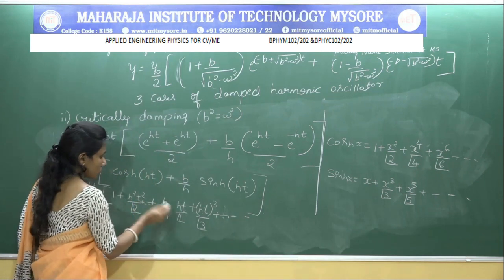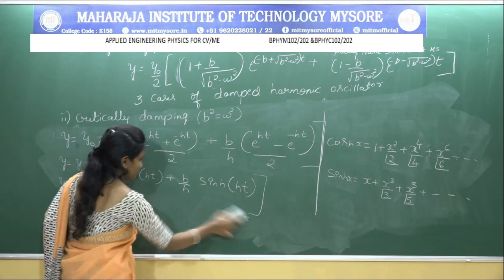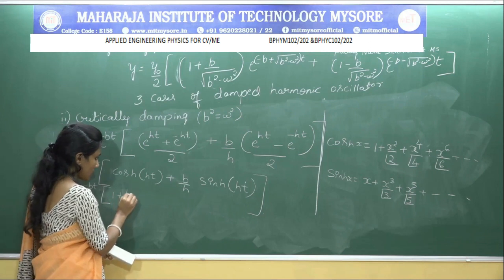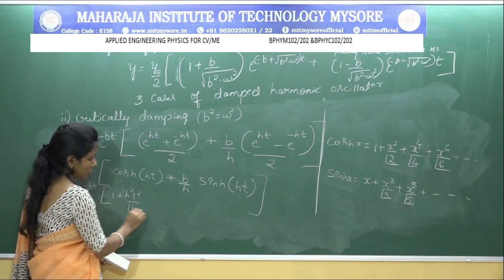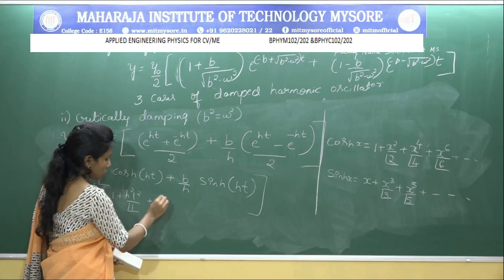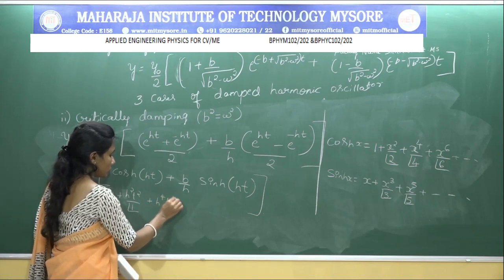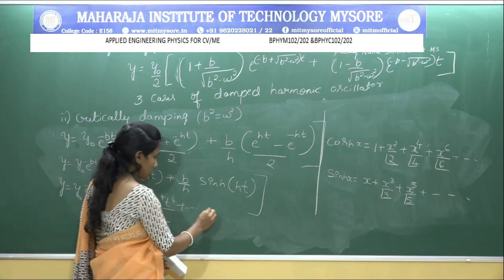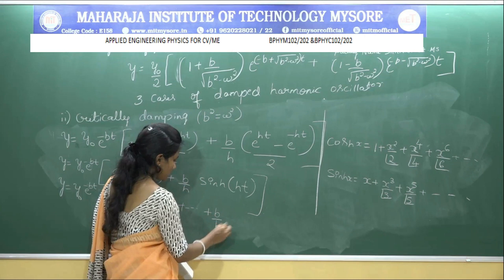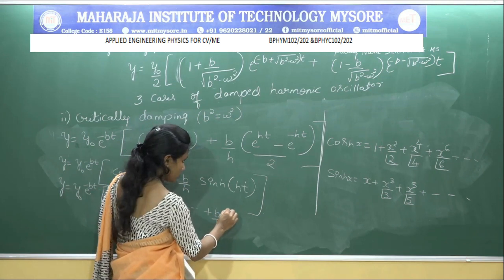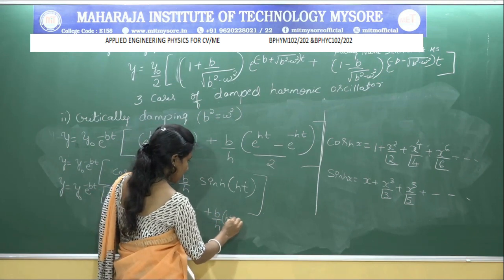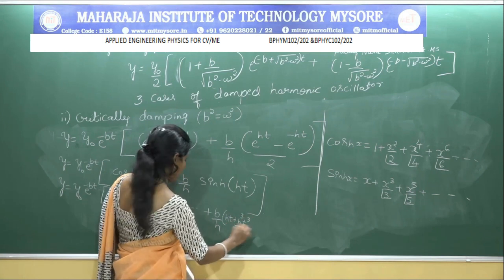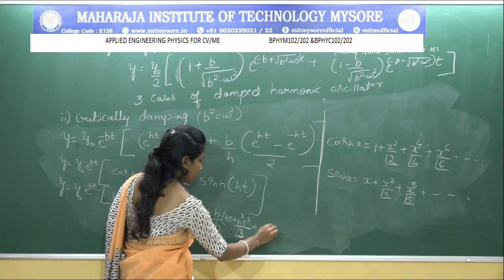So this is also 1 plus h square t square by 1 factorial plus h to the power of 4 t to the power of 4 by 4 factorial plus so on, x plus b by h into ht plus h to the power of 3 by 3 factorial, so on.